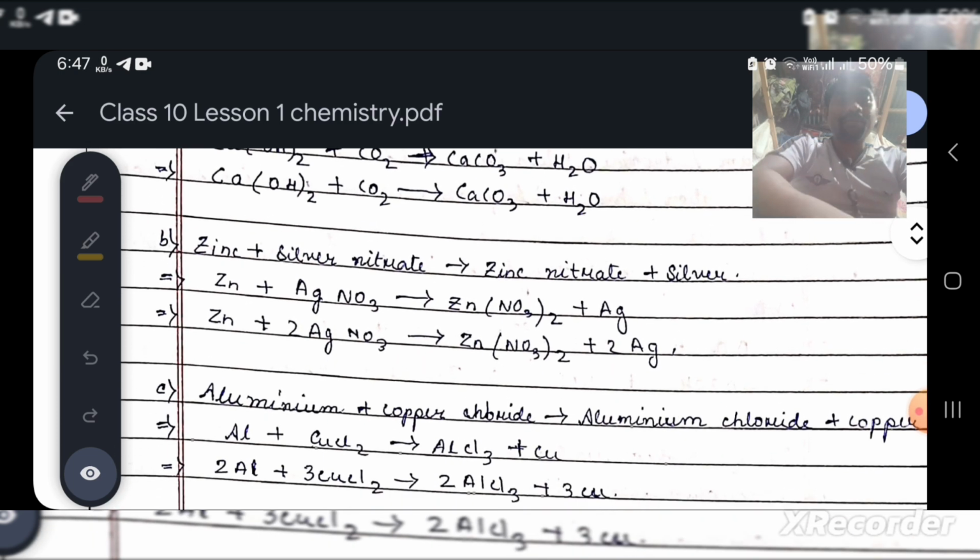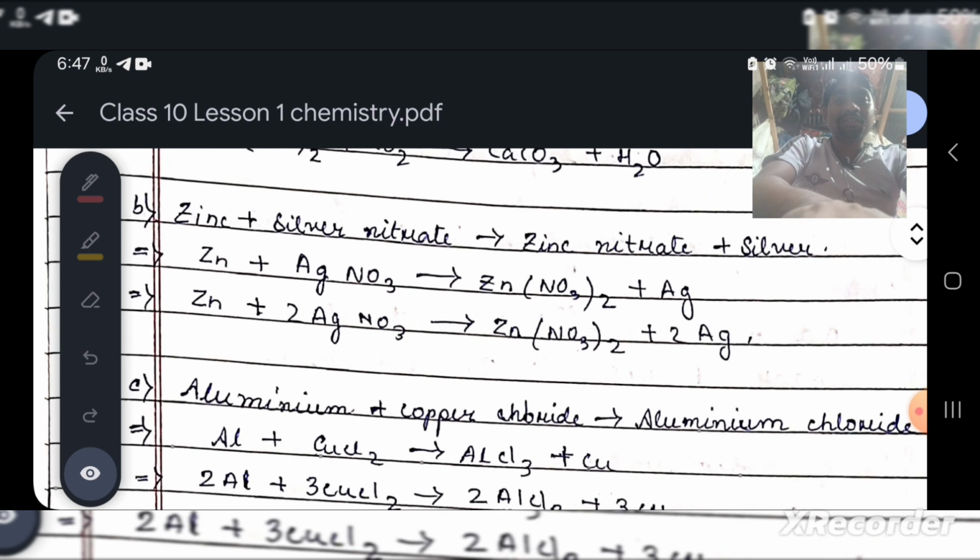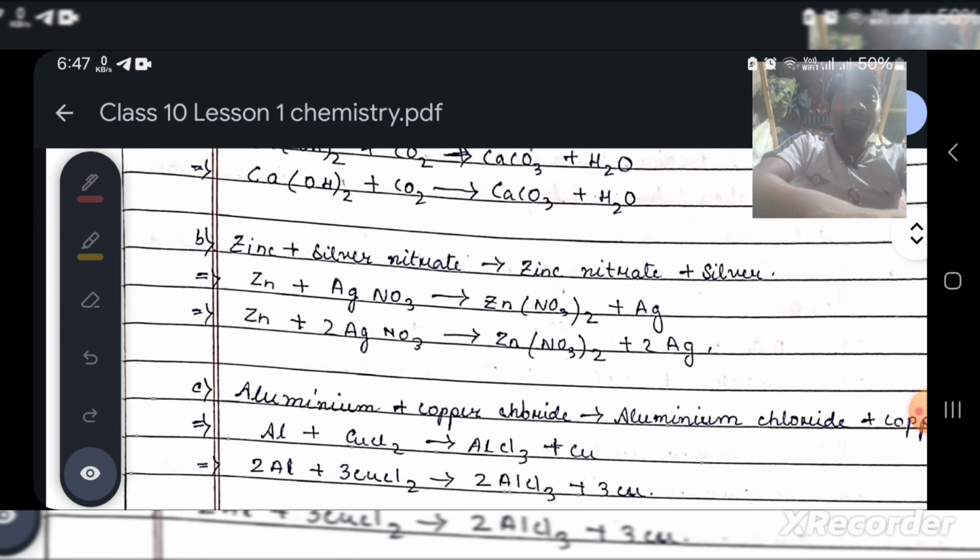What is there? Zinc plus silver nitrate gives zinc nitrate plus silver. Zinc, the symbol is Zn, silver nitrate is AgNO3, and in the product side zinc nitrate, that is Zn(NO3)2, plus Ag, the silver.